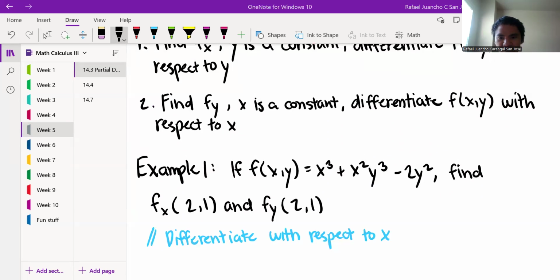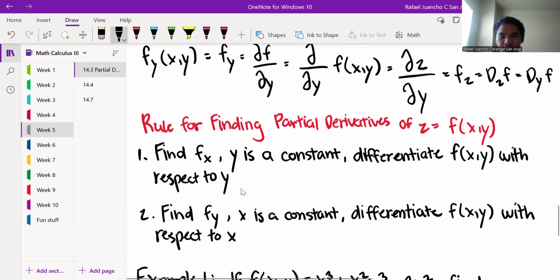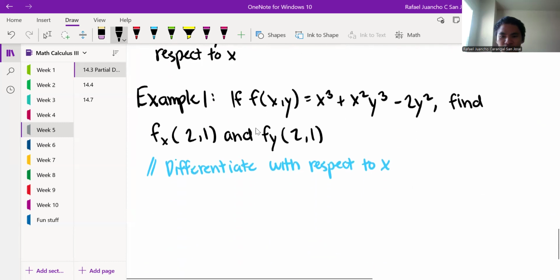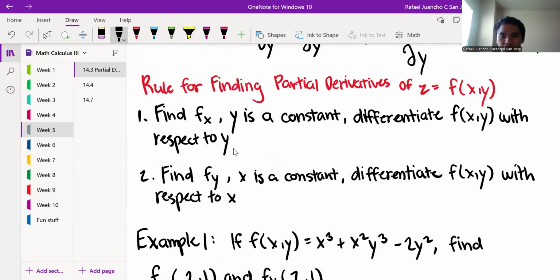We make y constant and we differentiate with respect to x. Oh yeah, so we make what? This one's okay, that one's wrong. I wrote it wrong. Respect to what? Y a constant, differentiate with respect to x.